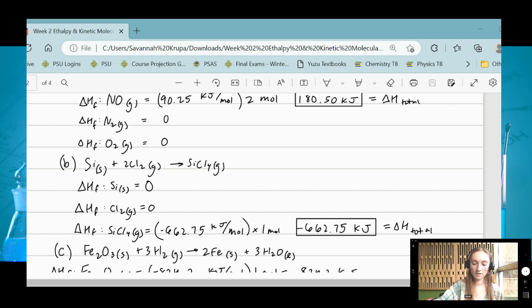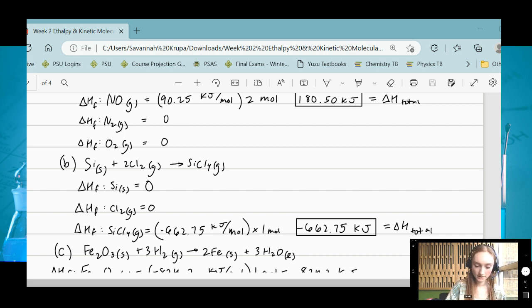And because from the equation we have 1 mole produced for every 1 reaction, we're going to multiply this by 1 mole, which is just the same number, negative 662.75 kilojoules produced. And because this is the product, and we're using the enthalpy of formation, we don't need to multiply it by a negative because it's already in the correct order of things. So that is going to be our answer.